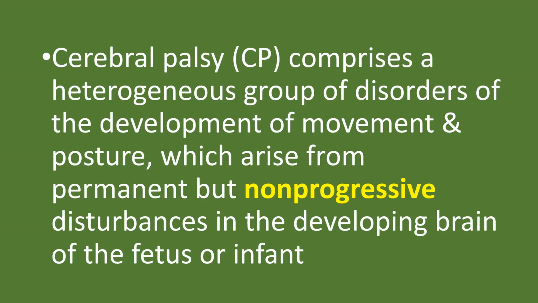It's not a progressive disorder. If one has involvement of a diplegic variety or monoplegic, it does not mean that he will progress to a paraplegic or quadriplegic. It's a non-progressive condition.